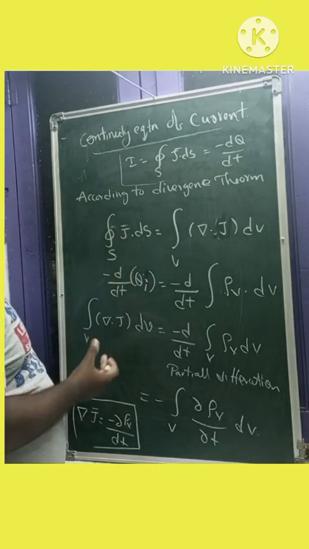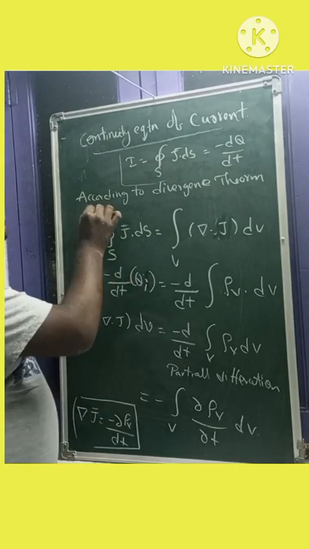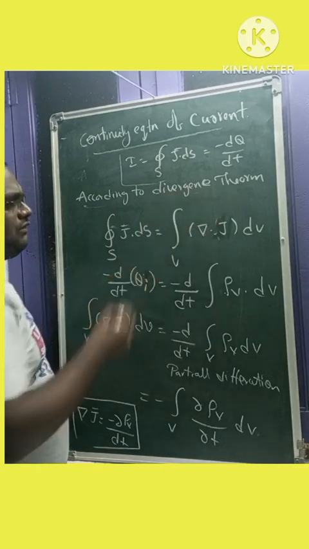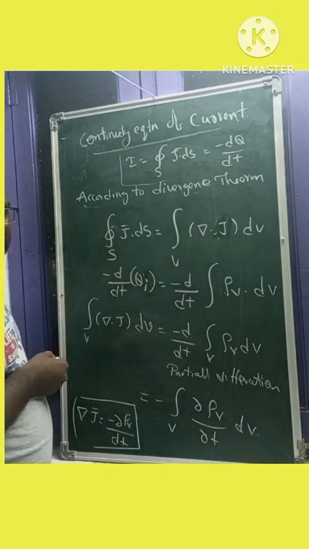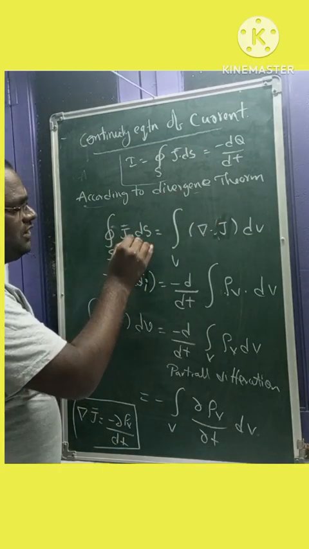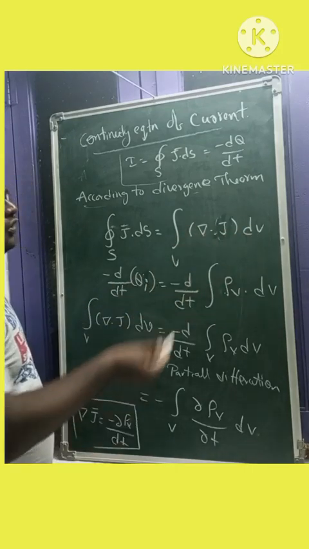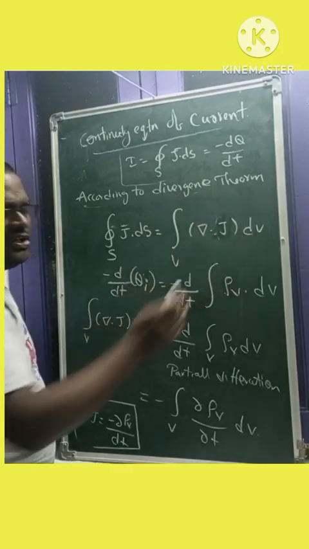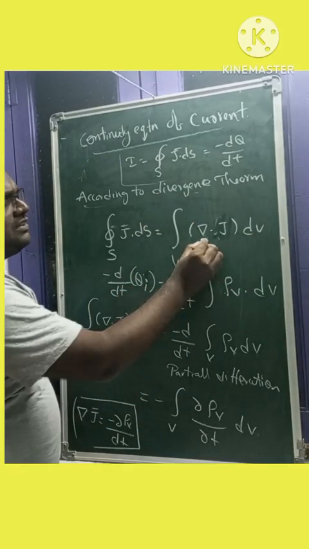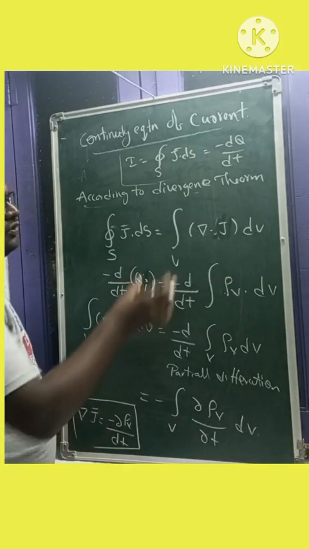Next we take the differential form. According to the divergence theorem, the closed surface integral of J dot dS becomes the volume integral of the divergence of J.